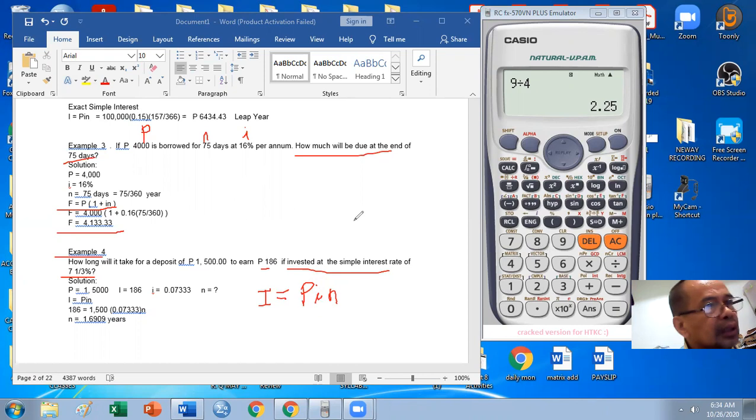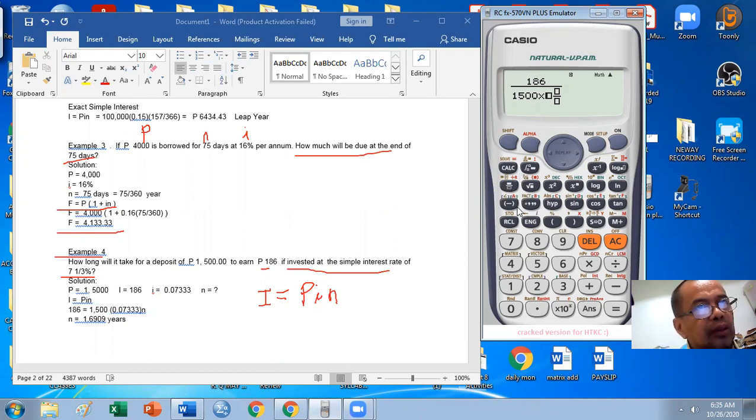So, if you use a calculator, your 186, what we are looking for is N. So this will be 186 divided by 1,500 times your interest. Find the fraction function in the calculator.